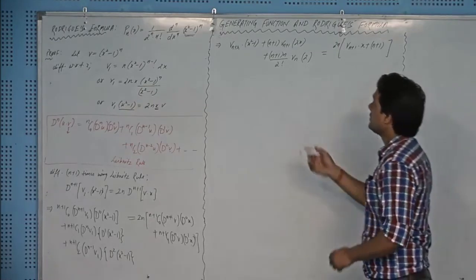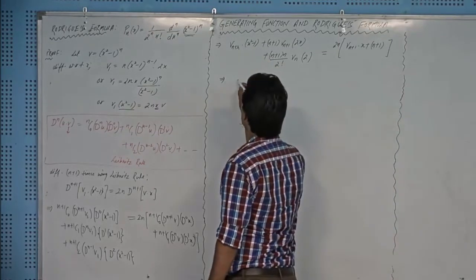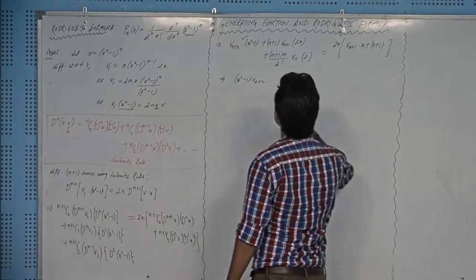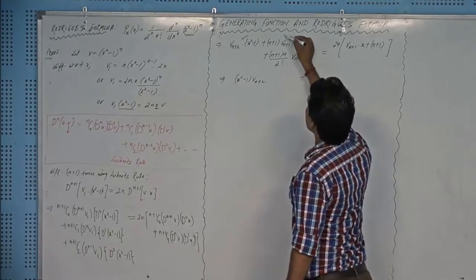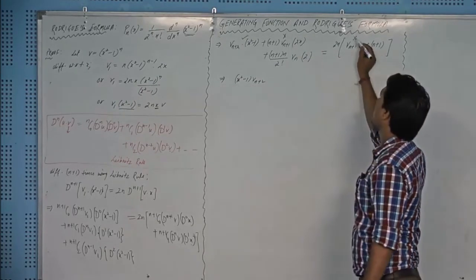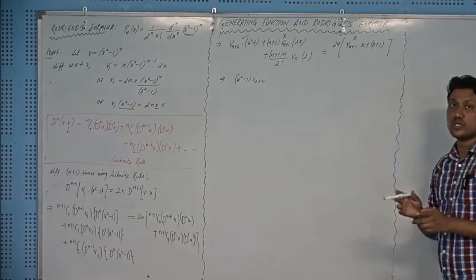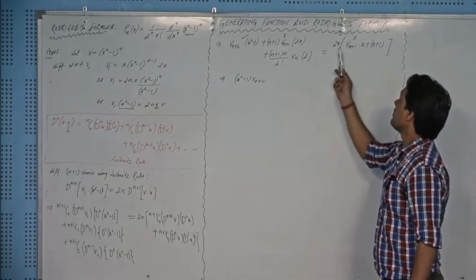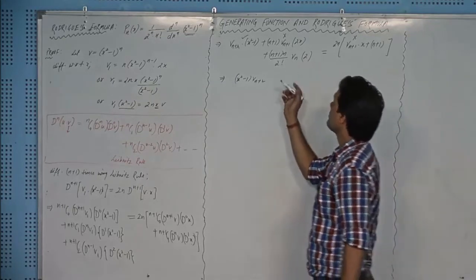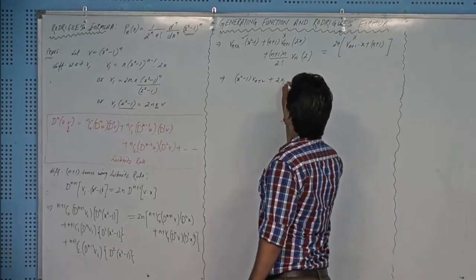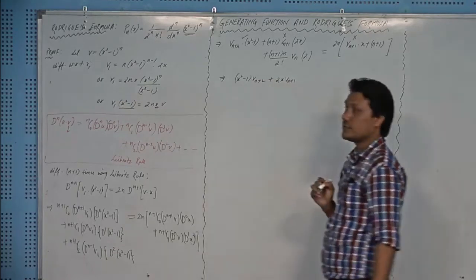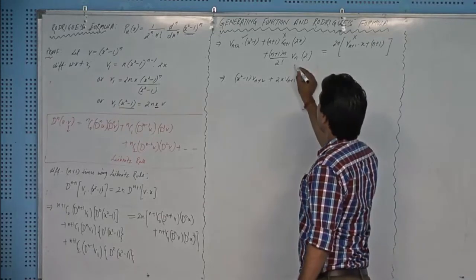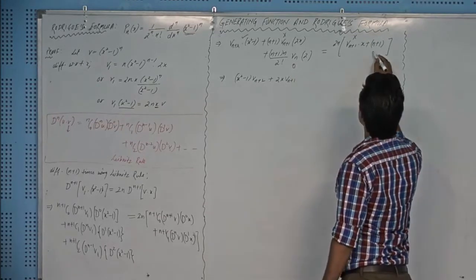Now you can see that the first term is x square minus 1 v^(n+2). Then the terms containing v^(n+1): there are two terms having v^(n+1), and if you see them closely, the 2nx v^(n+1) terms will be cancelled out. So ultimately I will be left with 2x v^(n+1), right? And now the terms containing v^n, I will put a circle around those terms.